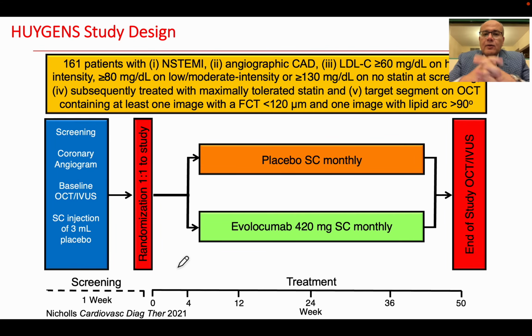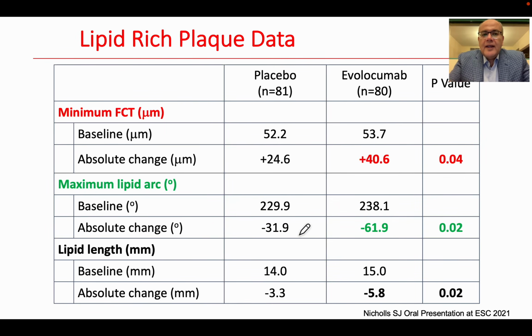This is a study that looked by optical coherence tomography, which gives us a detailed look of the atherosclerotic plaque. They randomized patients on top of statin therapy into placebo or evolocumab, and they looked at 96 weeks or 50 weeks by the picture. How did the atherosclerotic plaque change with this intense therapy, lipid targeting LDL?